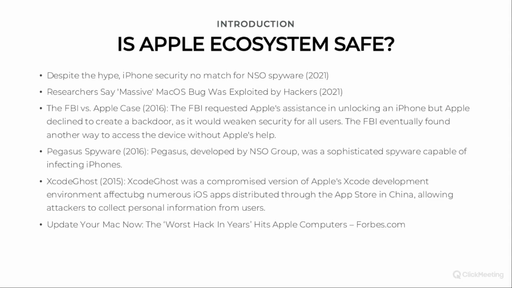Then also a little bit older, from 2016, Pegasus, developed by NSO Group, was a sophisticated spyware that effectively infected iPhones, and so on. And then maybe to finish it off, Forbes also mentions to always update your Mac, because there's actually the worst hack in years. This is, I believe, also from 2021.